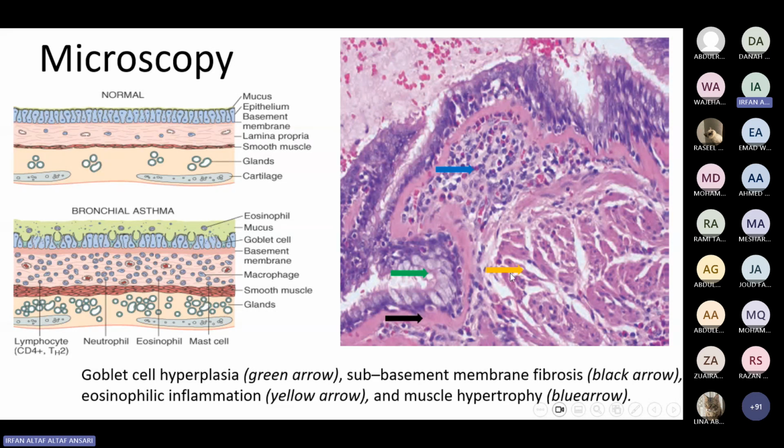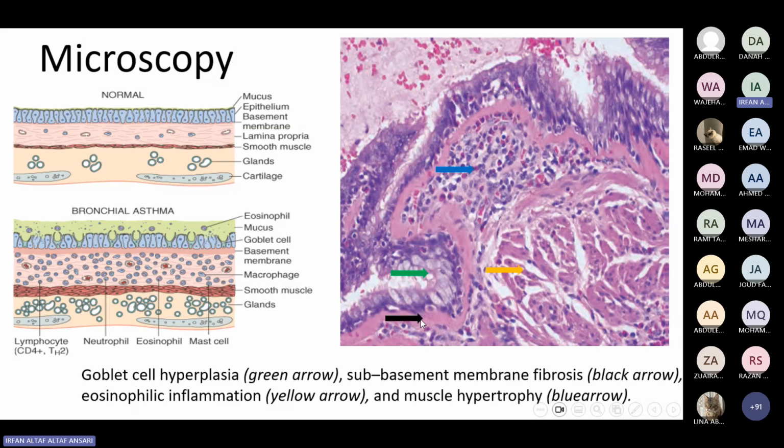And this is a very characteristic finding, with the colored arrows showing different things. You have goblet cell hyperplasia, and this goblet cell hyperplasia will cause excessive mucus production. Subbasement membrane fibrosis is indicated with the black arrow.